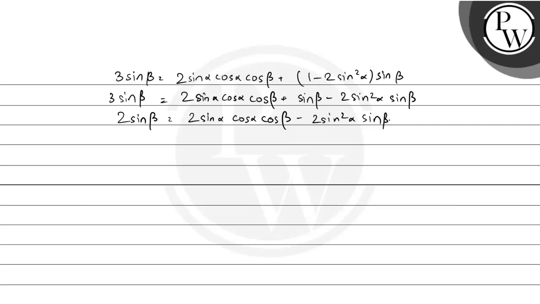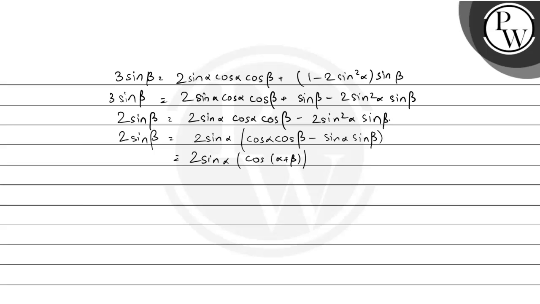So we simplify this as 2 times sine beta equal to 2 times sine alpha times cos alpha cos beta minus sine alpha sine beta. And this cos alpha cos beta minus sine alpha sine beta is written as 2 times sine alpha times cos of alpha plus beta.